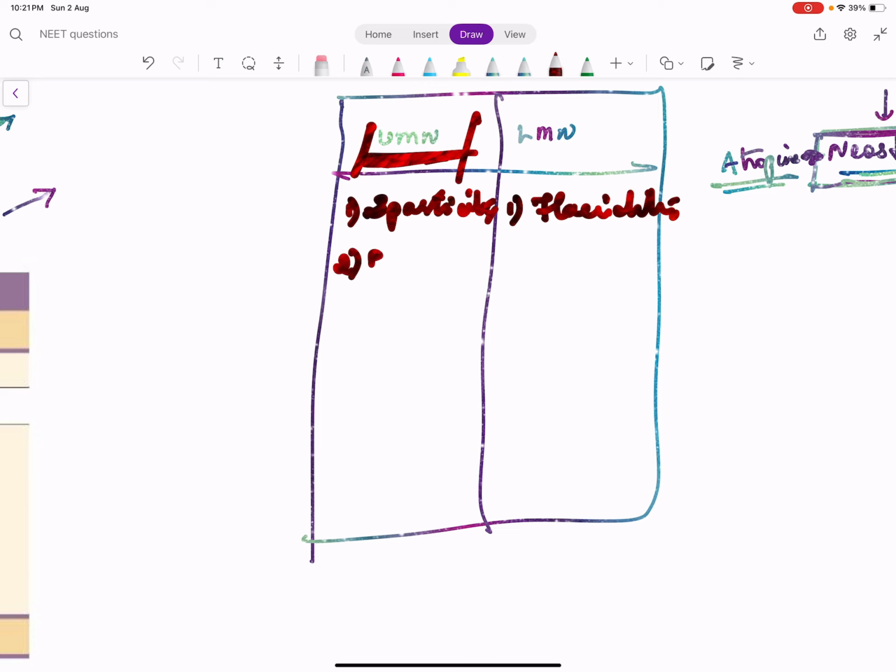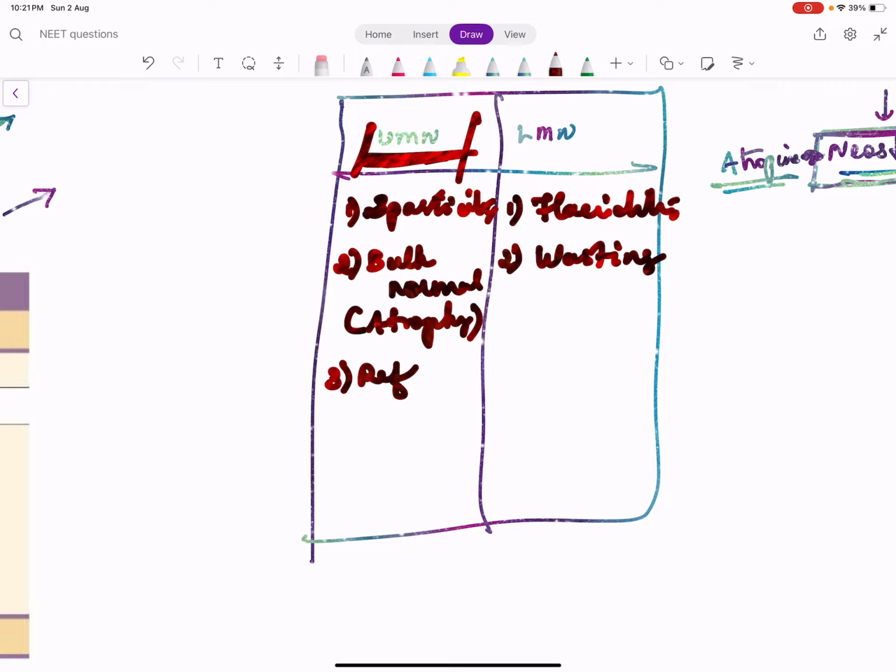The muscle bulk usually remains normal. In chronic diseases, there can be atrophy. We don't use the word wasting, we use the word atrophy. In lower motor neuron, there will be severe wasting. Reflexes will be exaggerated in UMN lesions. Reflexes will be diminished in lower motor neuron lesions. They will be diminished or absent.